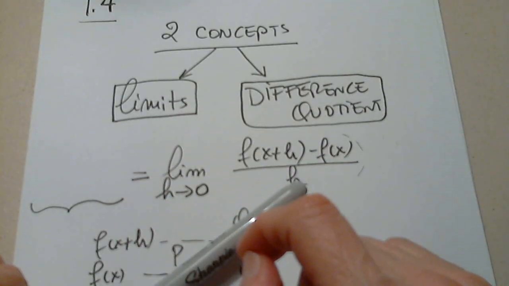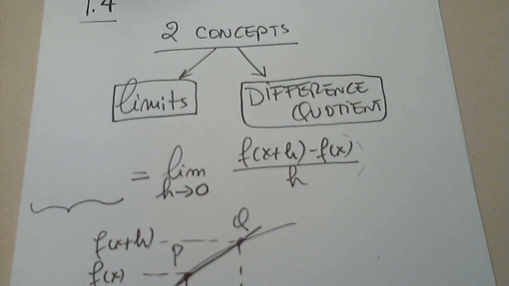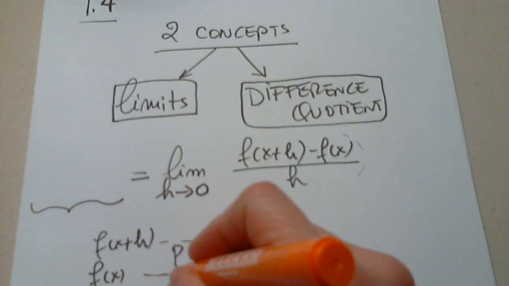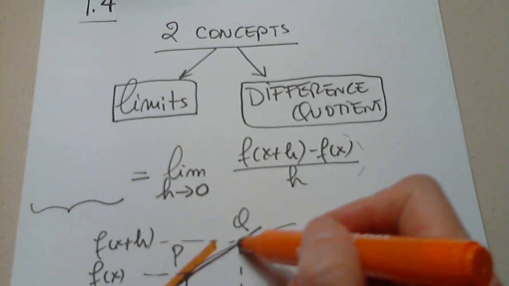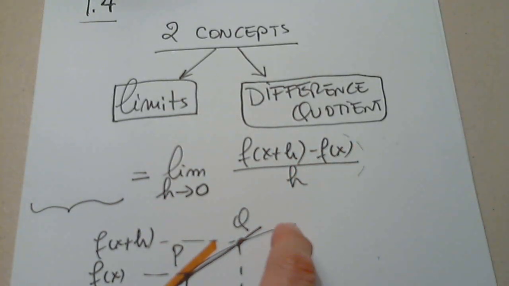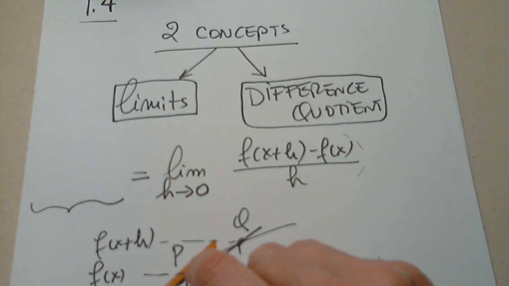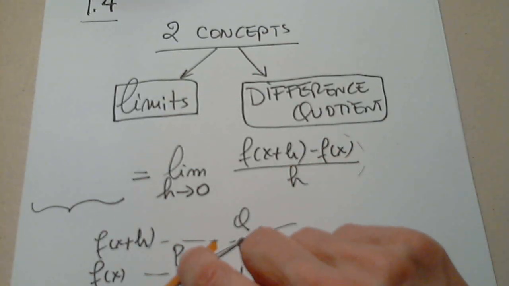What we really want to determine is the rate of change of this function at this point. So this is the rate of change of the function between these 2 points. The slope of the tangent line gives us the instantaneous rate of change of this function at point P.